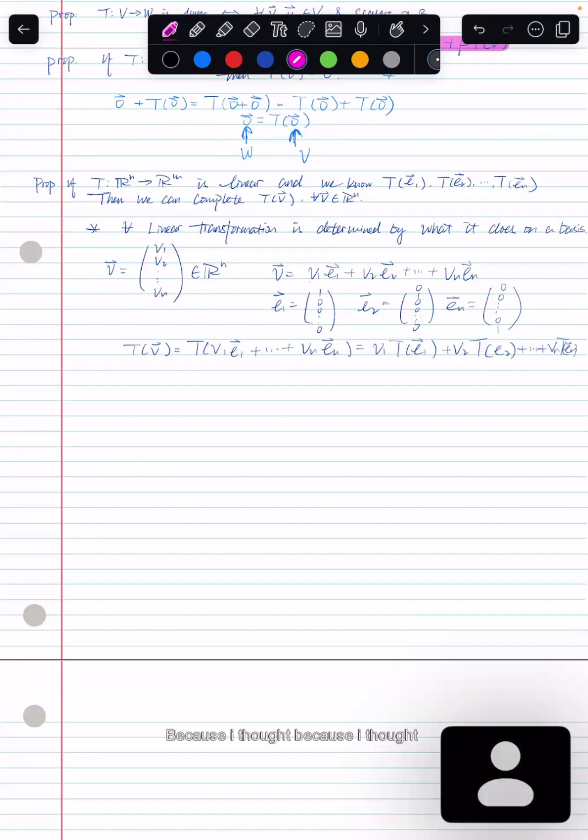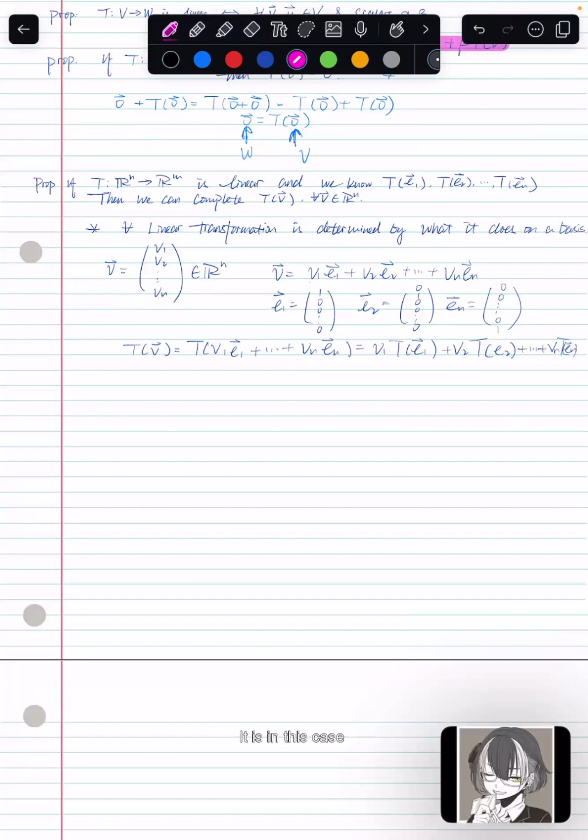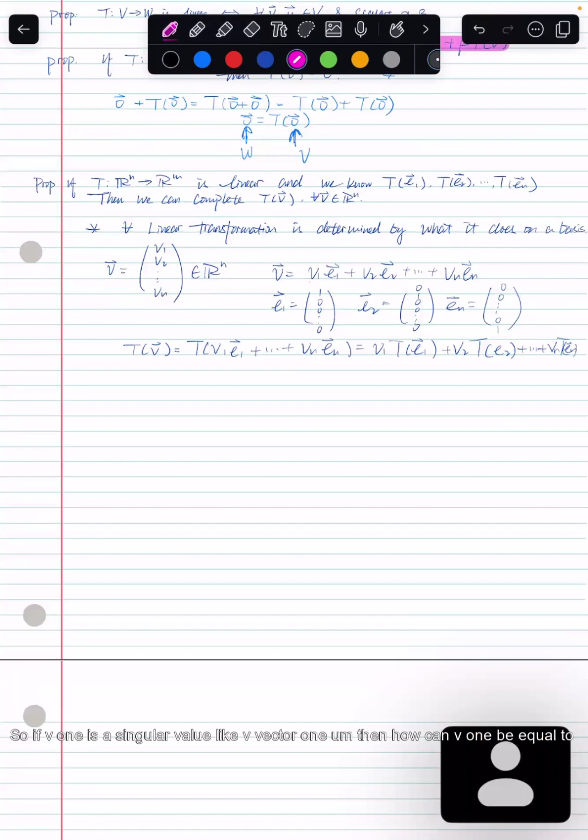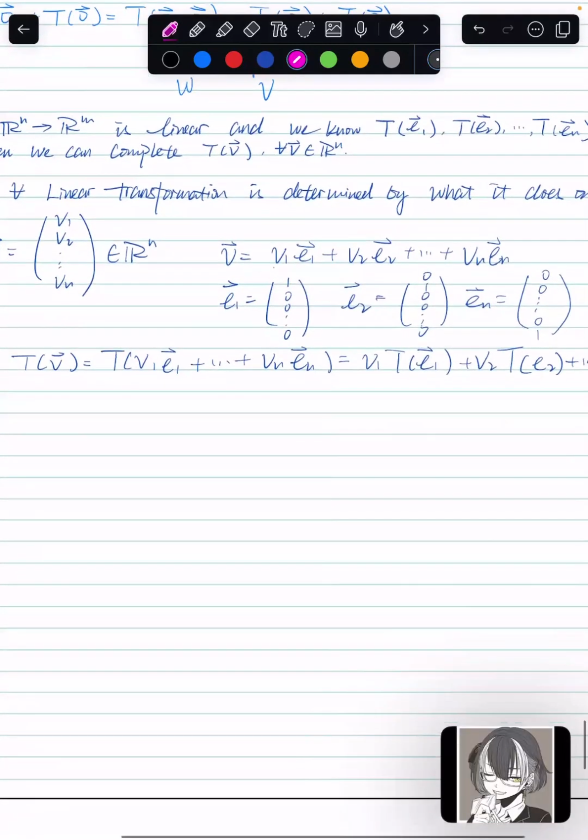Because I thought V1 or V2 is a single value. So if V1 is a single value, then how can V1 be equal to V1 times E1 when E1 is a vector that has n many elements?